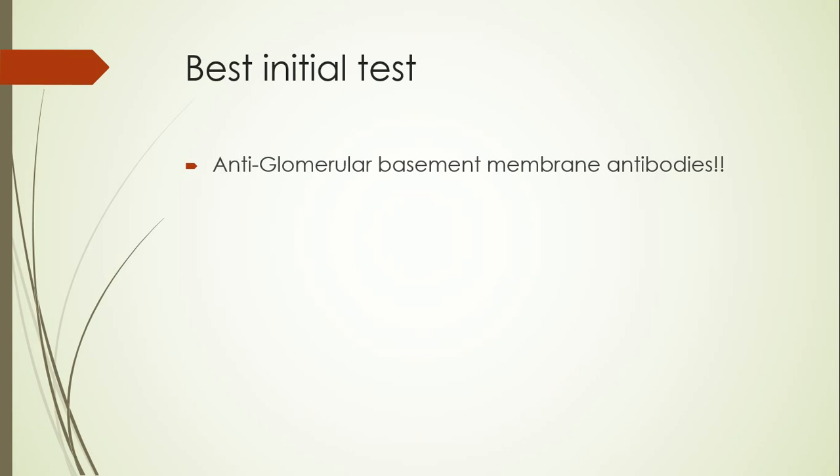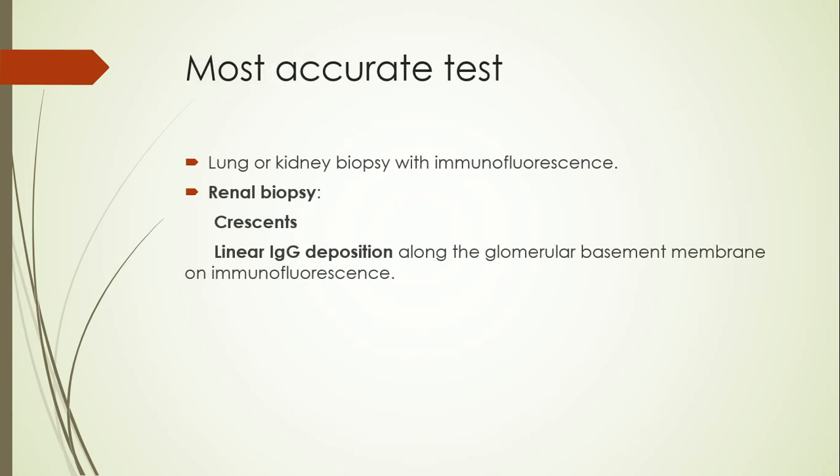But if we are told to answer what's the best test, not best initial test, what's the most accurate test, it would be a biopsy. So it would be a biopsy from lungs or kidney, and it should be coupled with immunofluorescence.